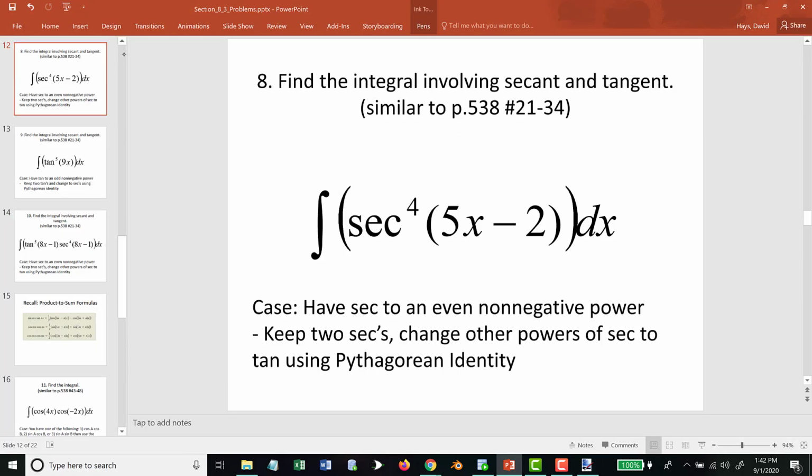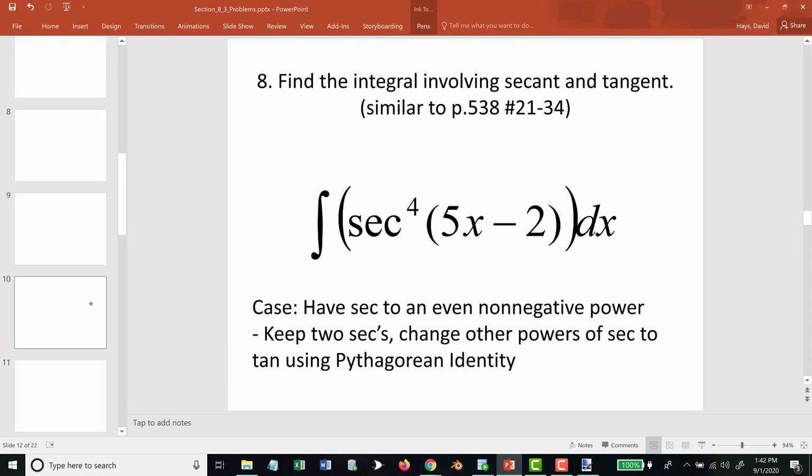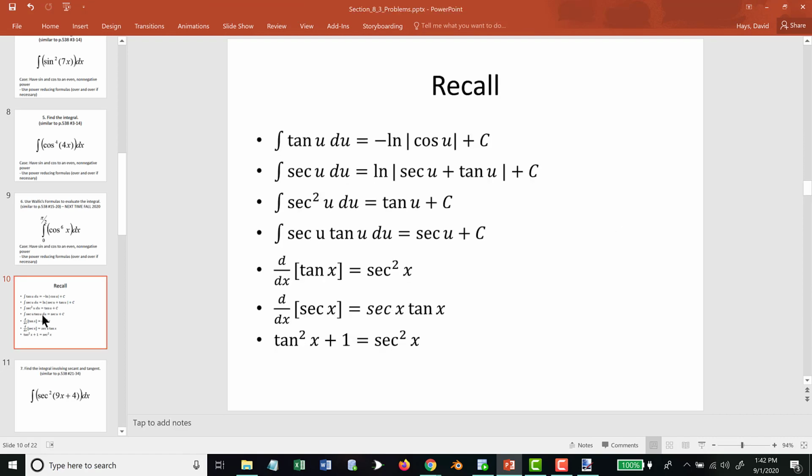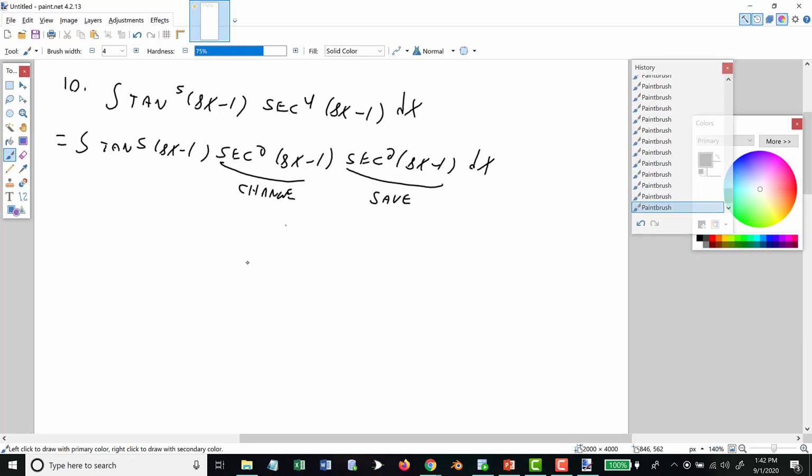Going back up to here somewhere. Secant squared is equal to tangent squared plus 1. So we're going to rewrite this.